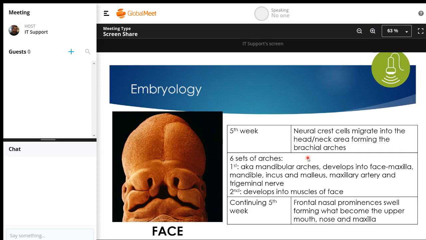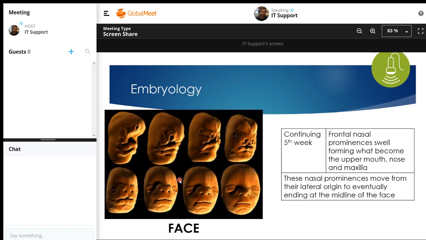So continuing on with the 5th week, the frontal nasal prominences swell, forming what become the upper mouth, nose, and maxilla. So these are the frontal nasal prominences here. Still going on the 5th week, we were just talking about the frontal nasal prominences.